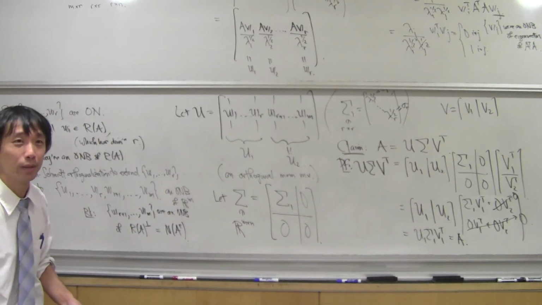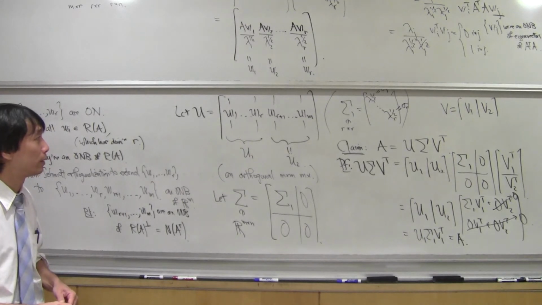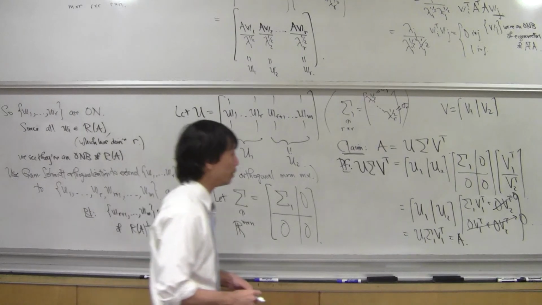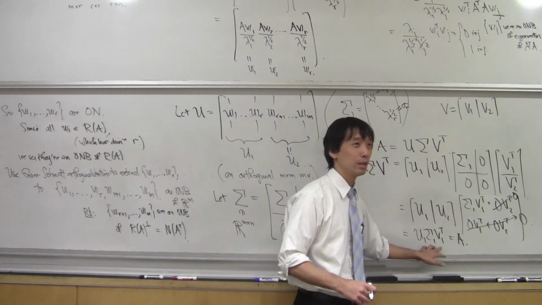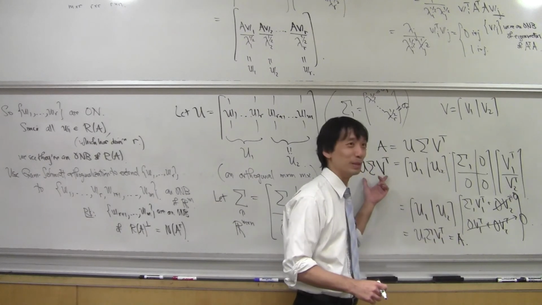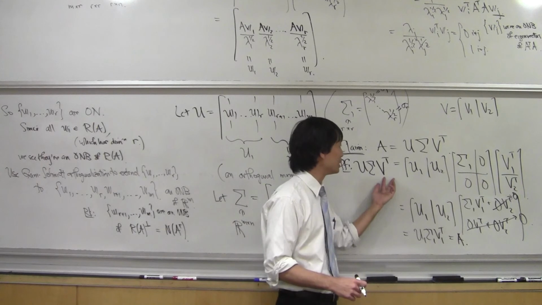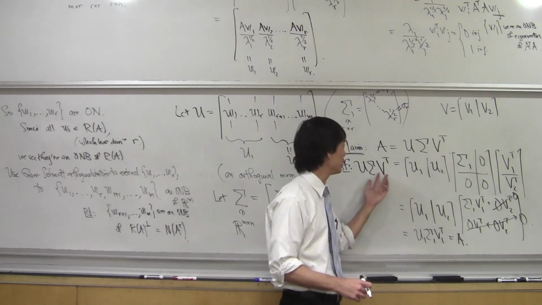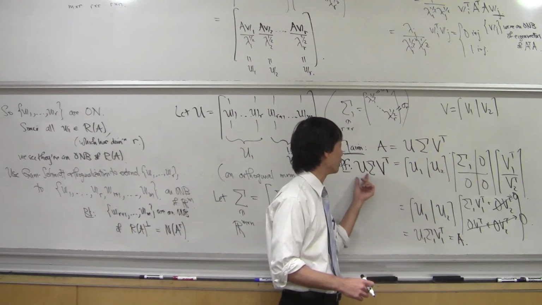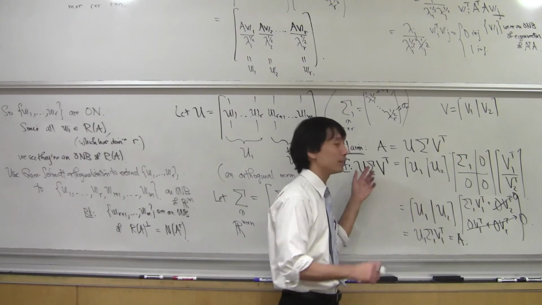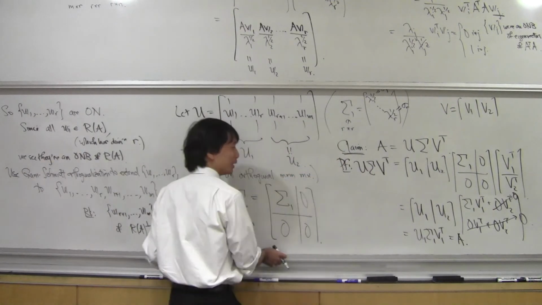Even though they're equal, the compact one equals the full-blown one. It's just a different expression. This one has more zeros in it. This part is orthogonal. These things are orthogonal. You'll see. Just wait.